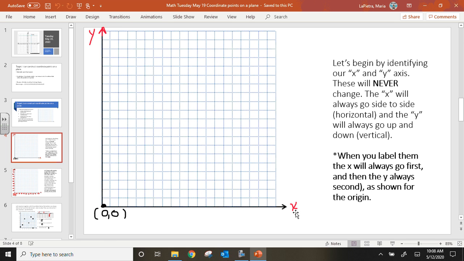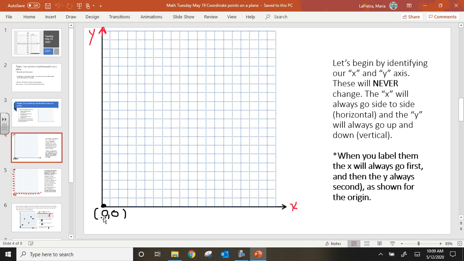So you see where I have my x and you see where I have my y. That will never change. That will always be the same. Your x will always go side to side horizontal, and your y will always go up and down vertical. So when you label them, the x will always go first and the y will always go second, as shown.